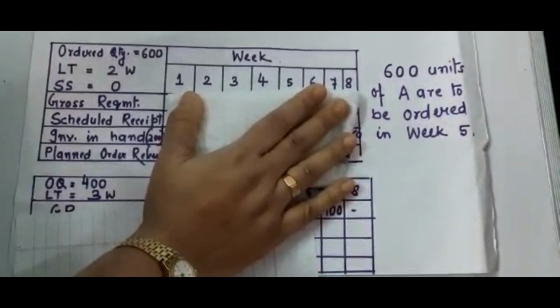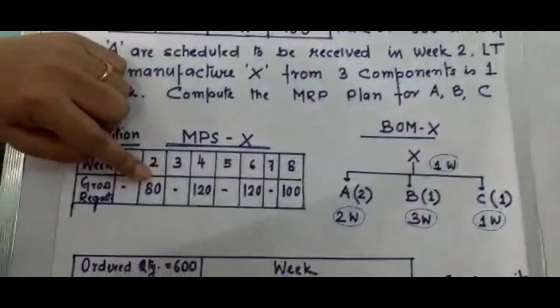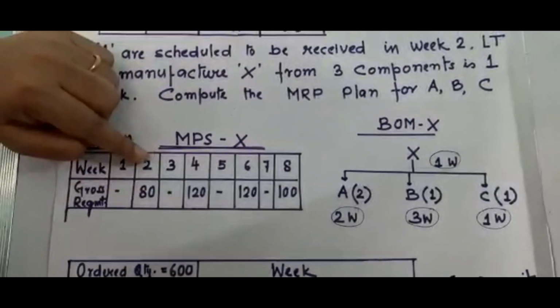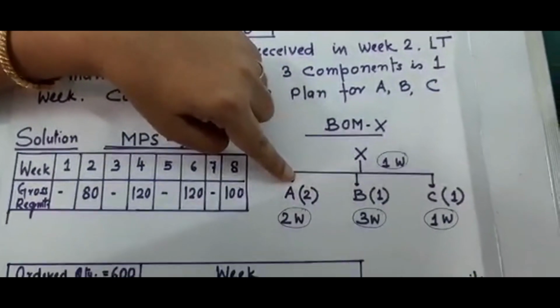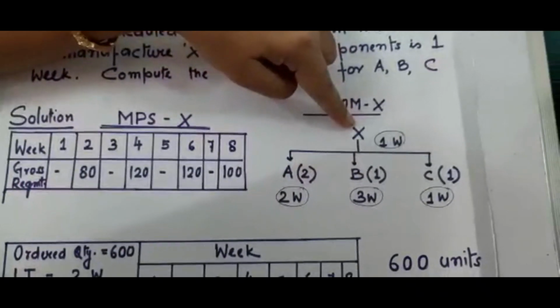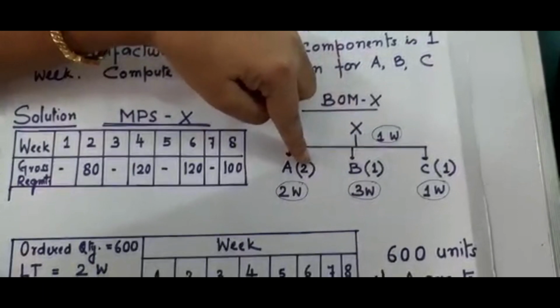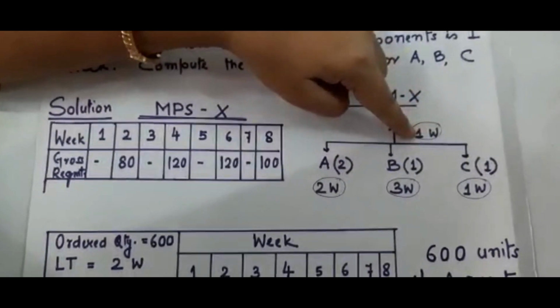Now, 80 units of X are to be delivered in the 2nd week. For these 80 units, how many units of A are required? Yes, you are correct. For 1 unit, I need 2 units of A. So for 80 units of X, I need 160 units of A. And when will I be needing it? Just 1 week before.